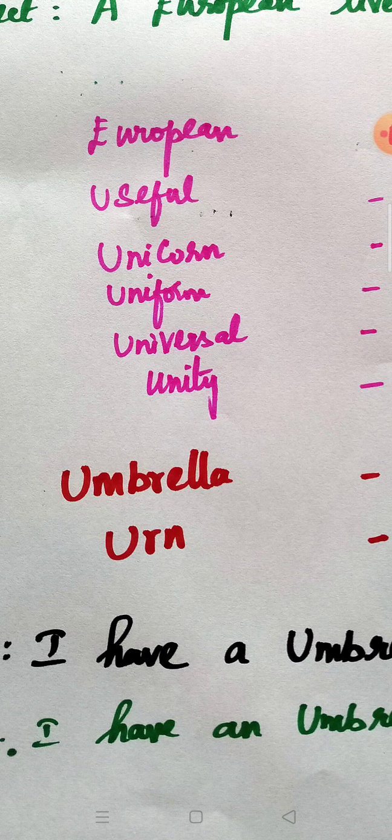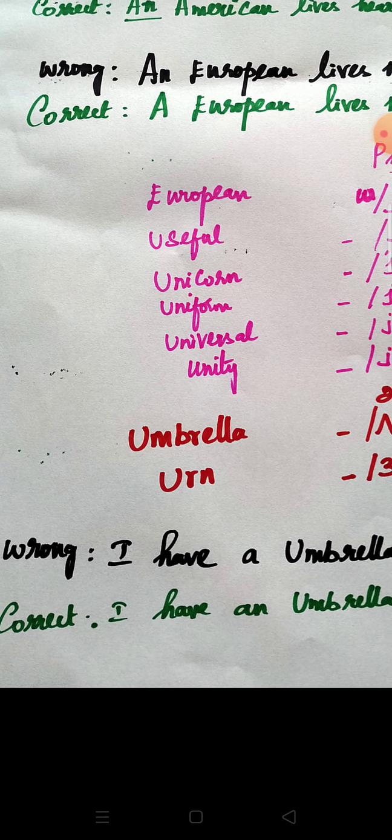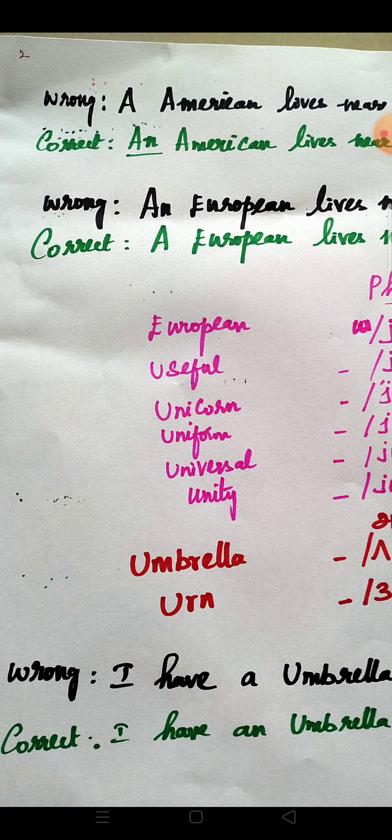I have taught these articles or determiners on my YouTube channel. So you refer to that channel, determiners, and learn a lot of these errors there. Shall we go to the next?